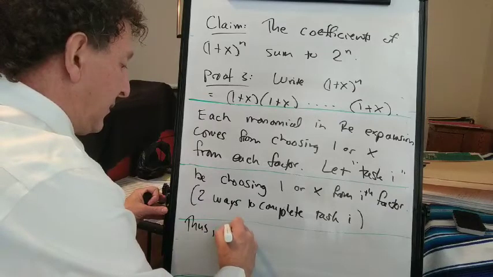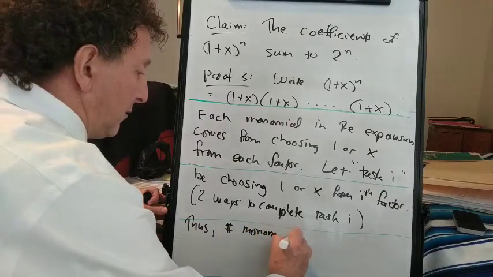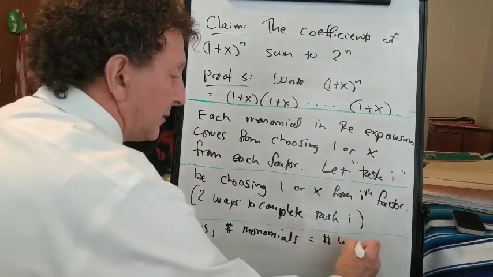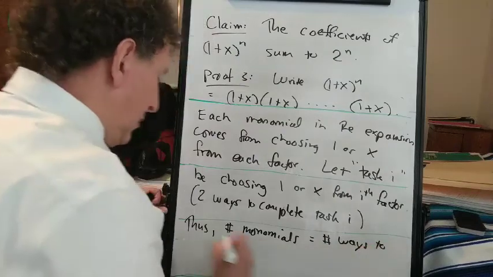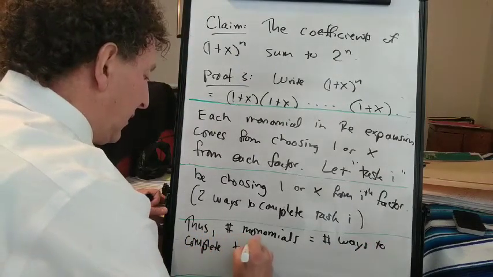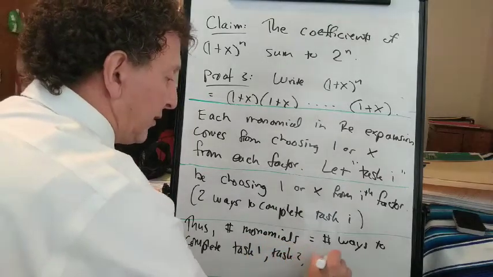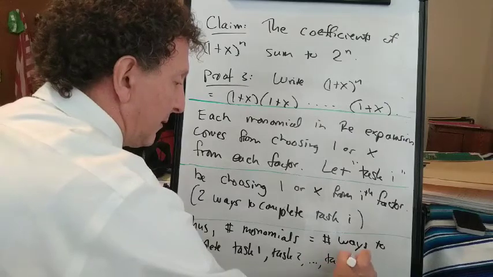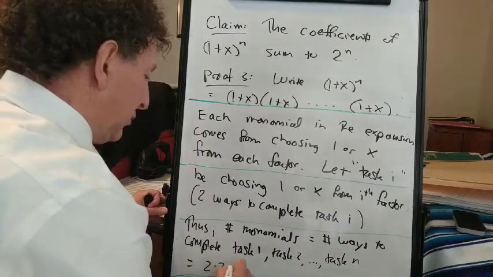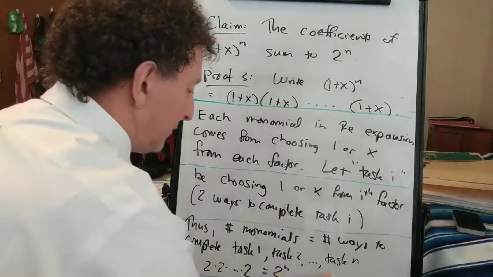So that means the number of monomials equals the number of ways to complete task 1, task 2, etc., up to task n, which is 2 times 2 times 2, n times, which is 2 to the n.